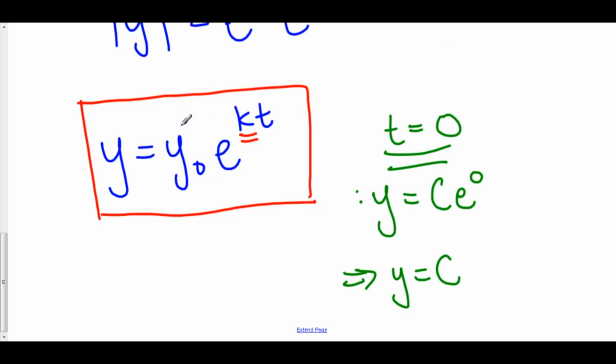And y naught represents the initial value of the function. So if you're putting money into an account, it's the initial amount of money that you put into the account. If you're looking at the growth of a population, it's the initial population at time t equals 0. And this right here is the general formula that follows the above property.